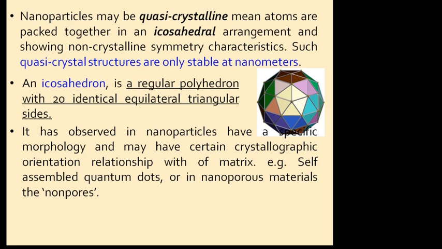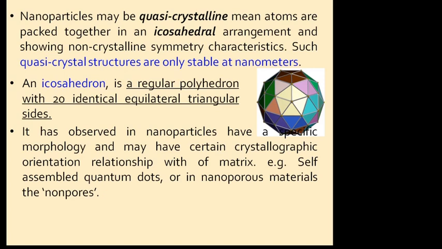That means there is an order, there is a crystallinity, but it is not long-ranged. Okay, so a similar thing is observed even in nanomaterials. Though it looks like a crystalline, the order is not too long range, and therefore it's referred to as quasi-crystalline.